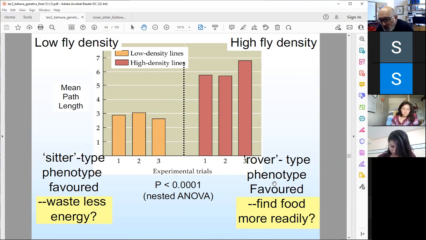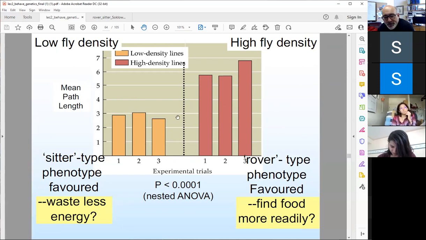If the densities are high, that means that food might be at a premium. There's lots of other flies or larvae crawling around, looking for food. And so it's adaptive to be looking for more food constantly by traveling further.